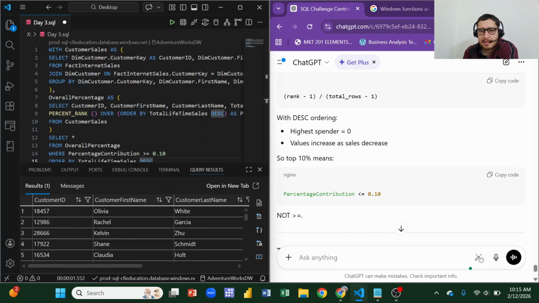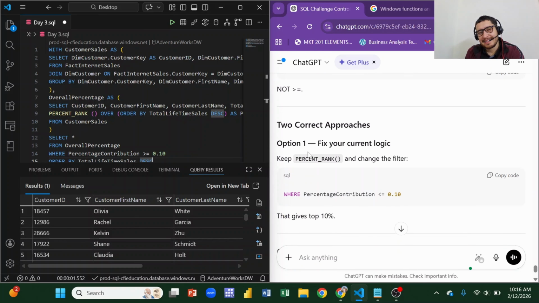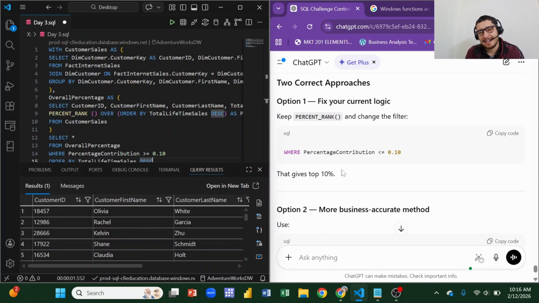When ordering descending, the highest spender is equal to 0, and the value increases as sales decrease, so the top 10% means percent rank less than or equal to 0.1. Okay, correct approach. That gives you the top 10%.